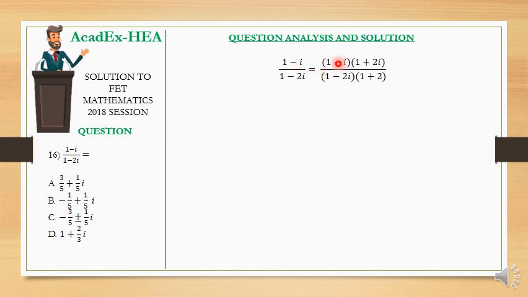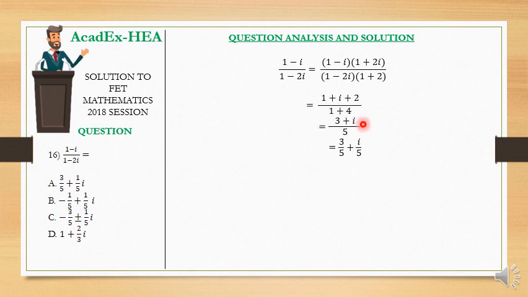It's going to be equal to, now the conjugate of this we said is 1 plus 2I. So we are going to have 1 minus I times 1 plus 2I, and the same thing will multiply in the denominator, 1 plus 2I. Notice that we have changed nothing if we multiply up and down by 1 plus 2I.